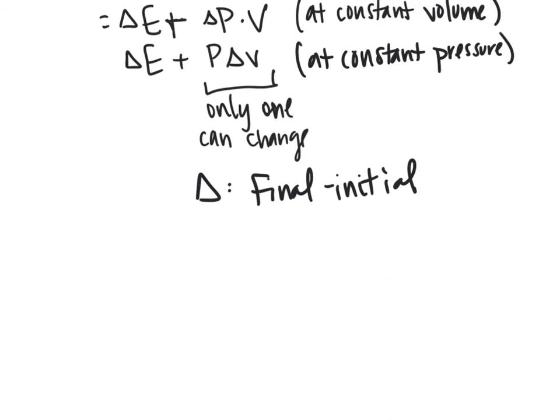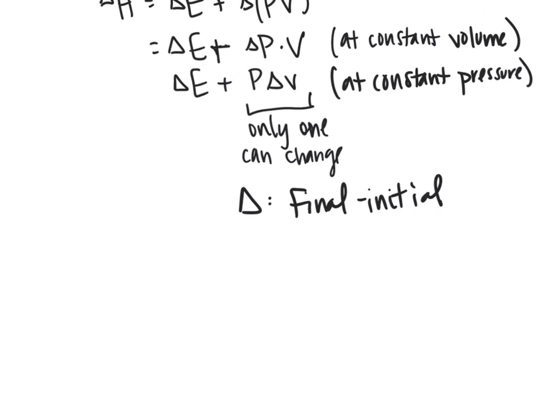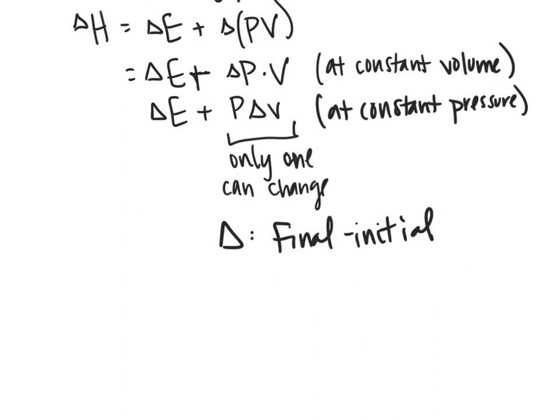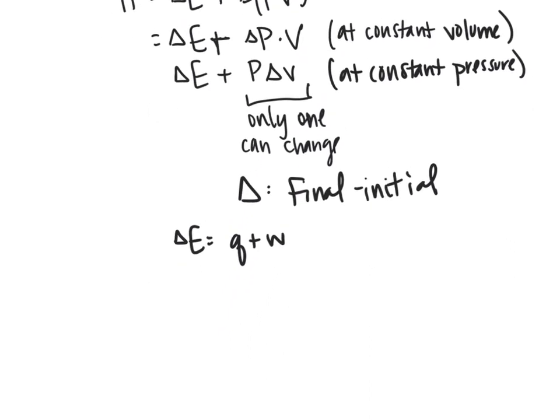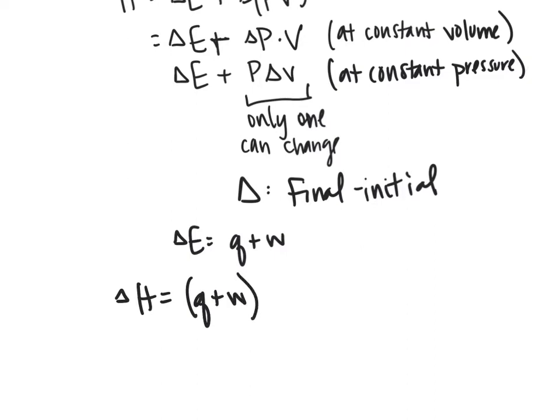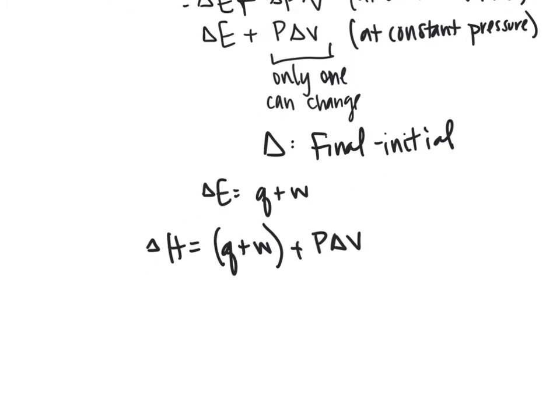But one of the things we want to be able to think about is, what does that actually mean? If we think about this equation, we know that delta E equals Q plus W. And it turns out that delta H can also equal Q plus W plus P delta V. So this is a version of that equation.